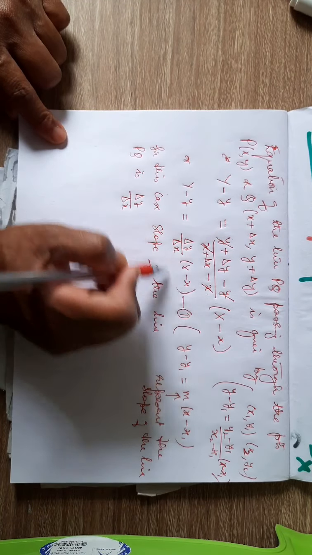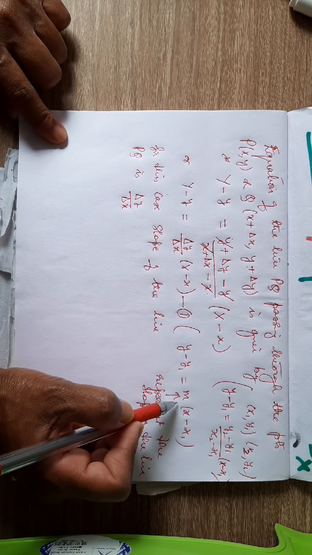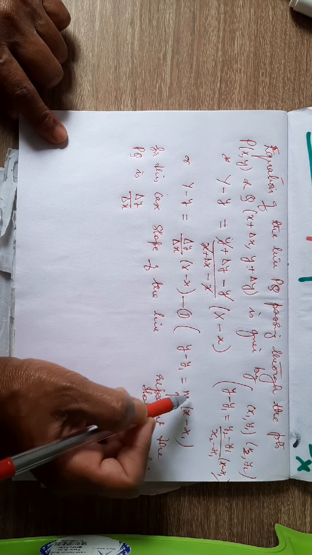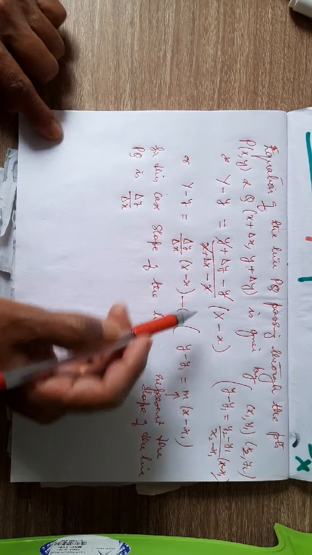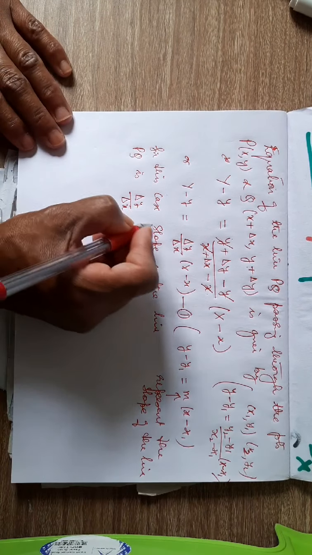Since this one is of the form y minus y1 is equal to m into x minus x1, where m represents the slope of the line, delta y by delta x will be the slope of the line PQ.